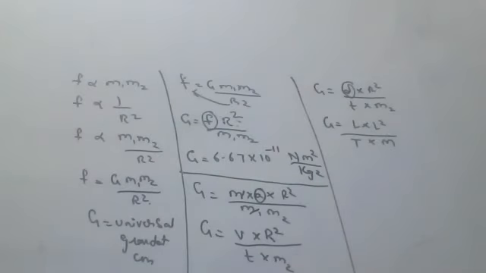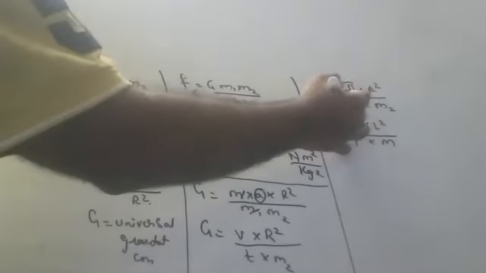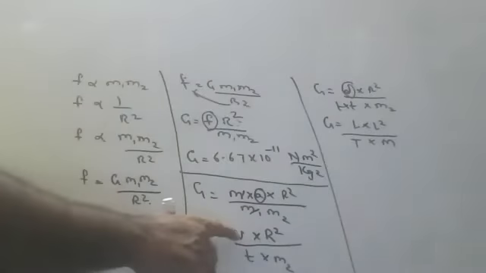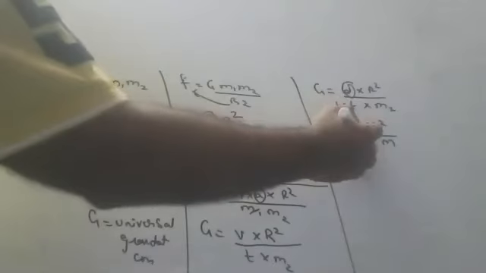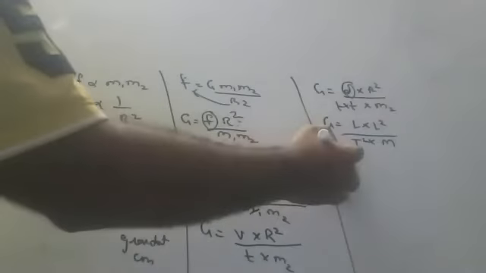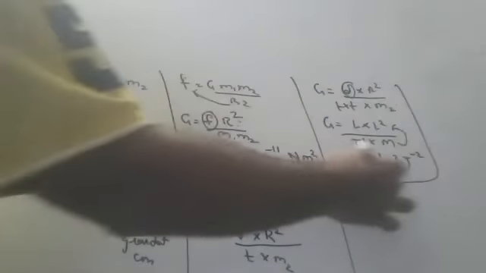Velocity by time is already there, and velocity is displacement by time, so one more time: t into t square. So what you will get, m comes up: m to the power minus 1, L into L square, L cube, t to the power minus 2. This is the dimensional formula of G.